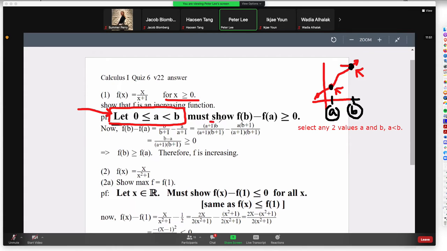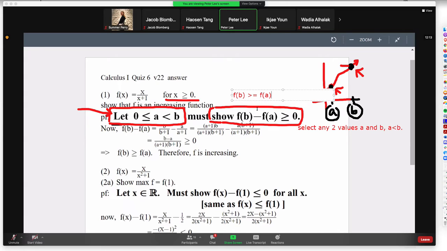So basically what that means is f of b is greater or equal to f of a. Basically, this is what we have to show.